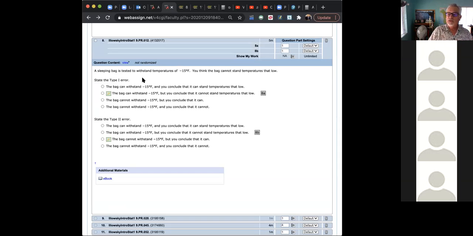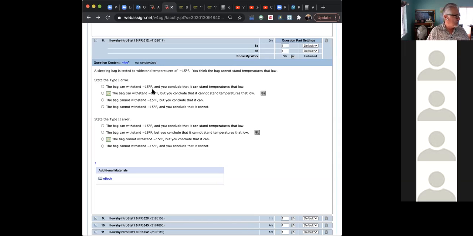So the type 1 error is the probability that you reject the null hypothesis when it's true. So in fact, you would be stating that the bag cannot withstand negative 15 degrees Fahrenheit, okay? But you don't believe that. You think it can withstand. So that's the type 1 error, okay?